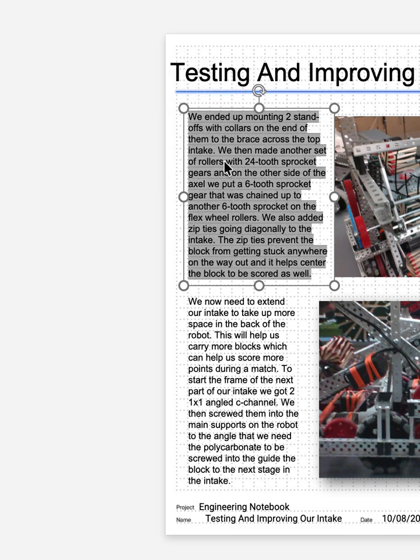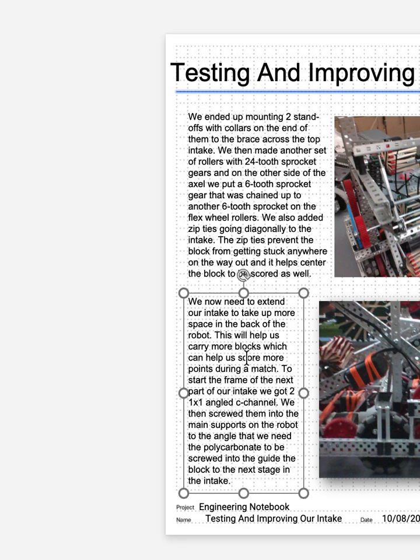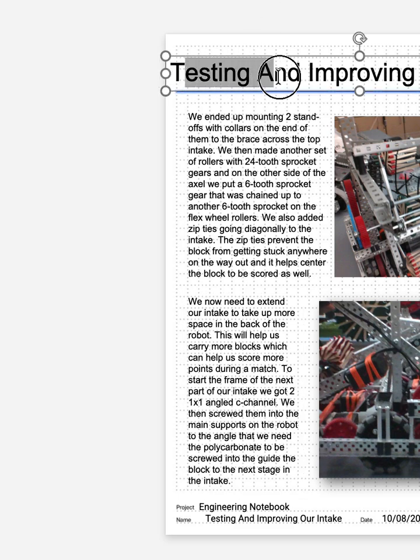That is also pretty important for making your notebook look neat and organized. And then I used, I think, the same font, just a different size for titles and all that. So that's pretty important for making your notebook look neat and organized.